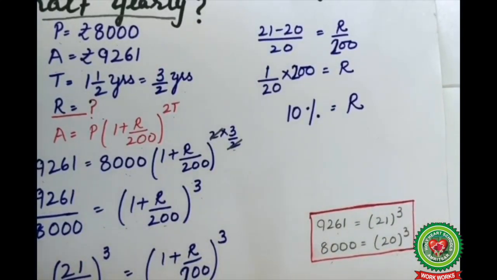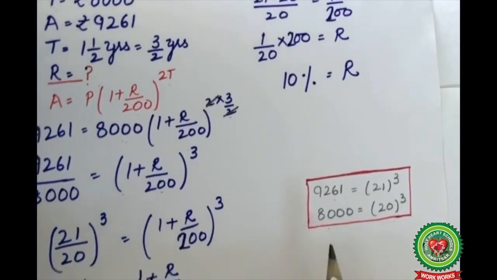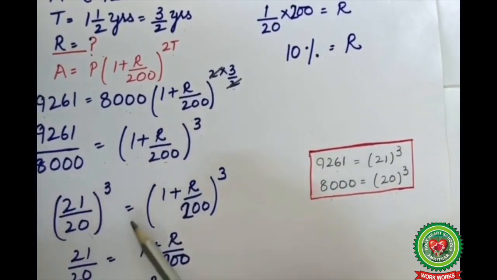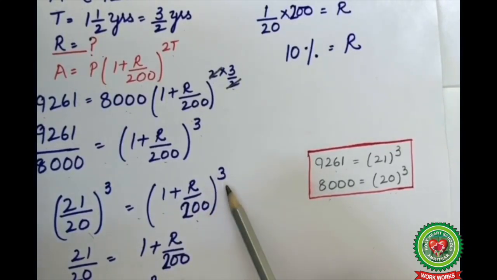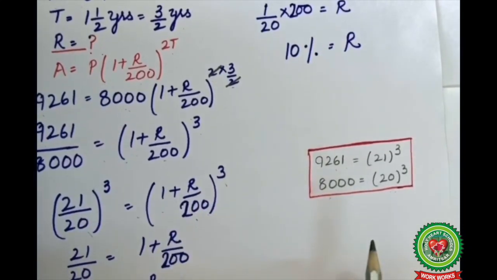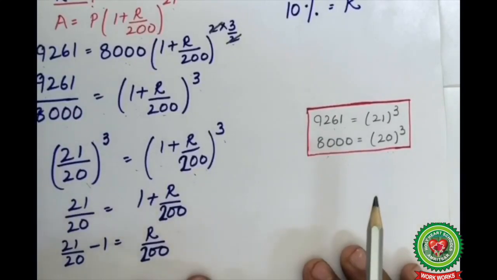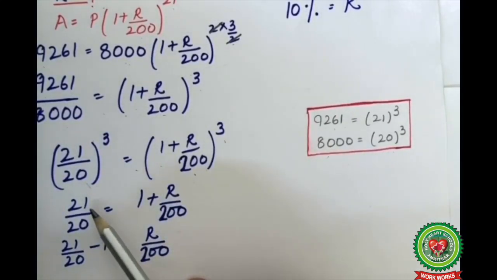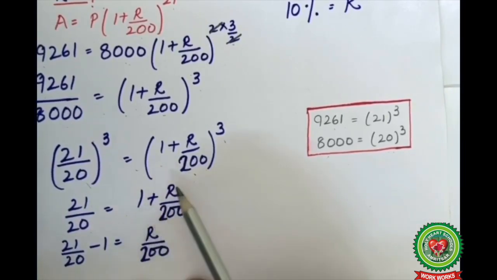So we have written 21 upon 20 whole cube is equal to 1 plus R upon 200 raised to power 3. Now as the powers are same, so bases will also be same. So we get 21 upon 20 is equal to 1 plus R upon 200.